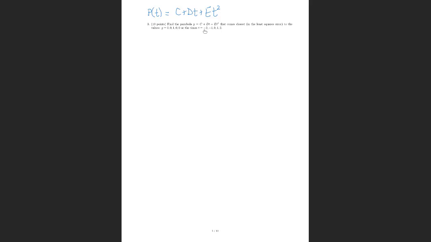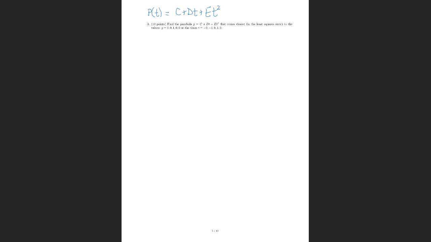So we want to imagine a parabola that when we plug in these values for t, we're hoping to get these values for the polynomial.